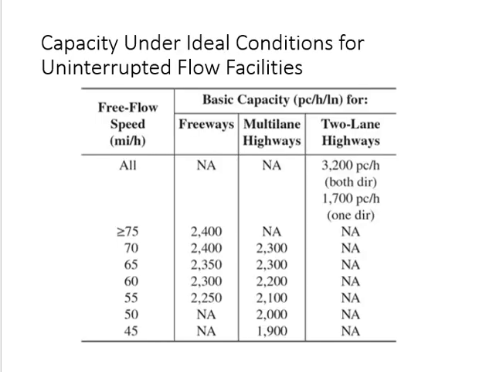Capacity of the uninterrupted flow facilities under ideal conditions. You will see what the ideal conditions are, but this is without any adjustment. So for multi-lane highways and freeways, the capacity depends upon its free flow speed, and the value is passenger car per hour per lane.